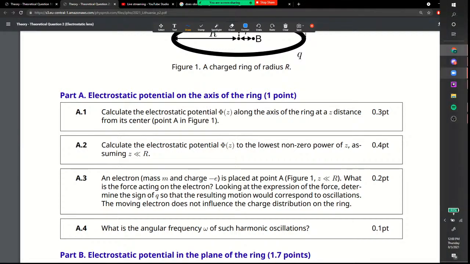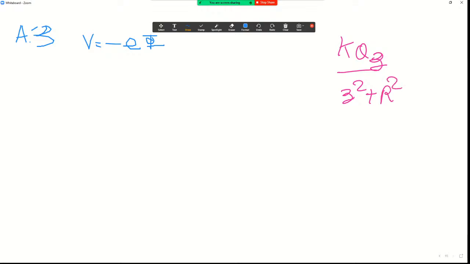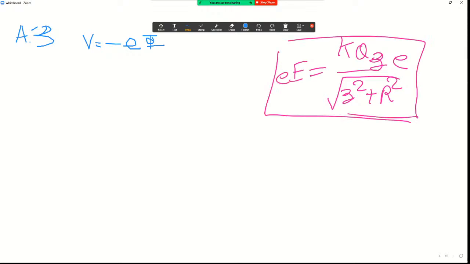If you calculate potential, then we can either differentiate, or I have also memorized the answer because this is also standard result of electric field.